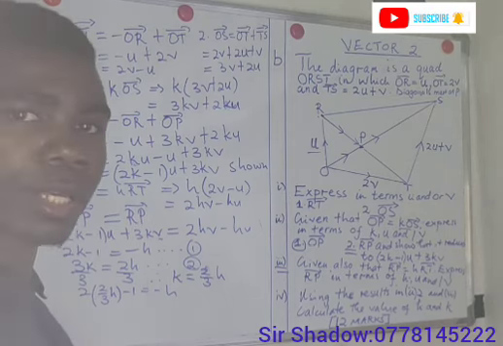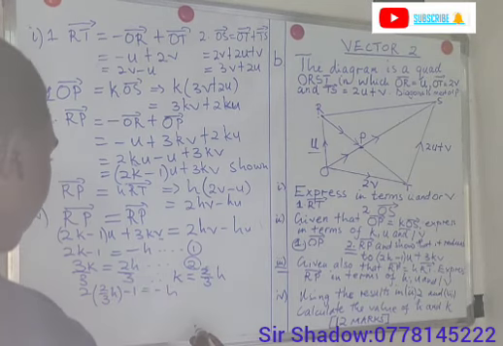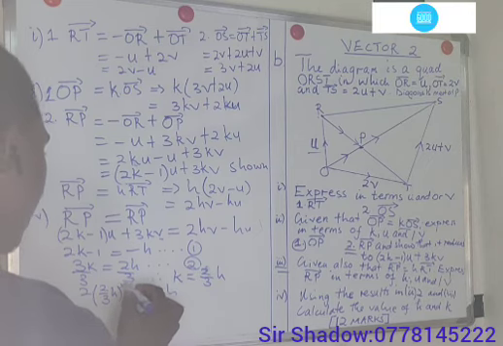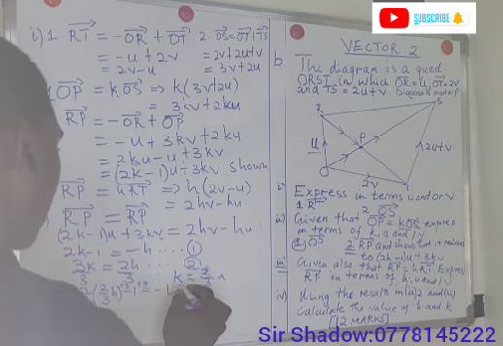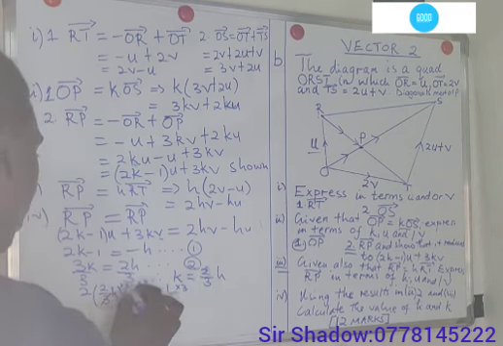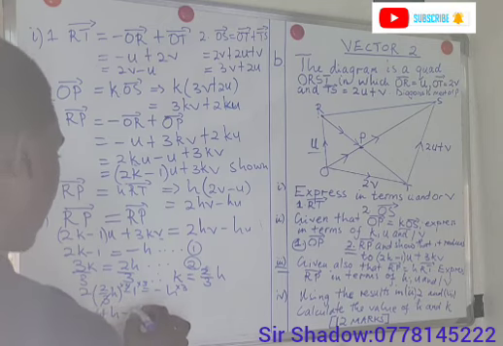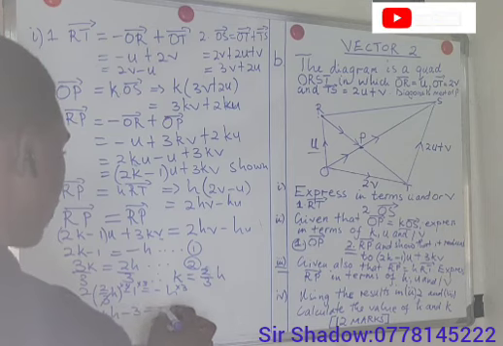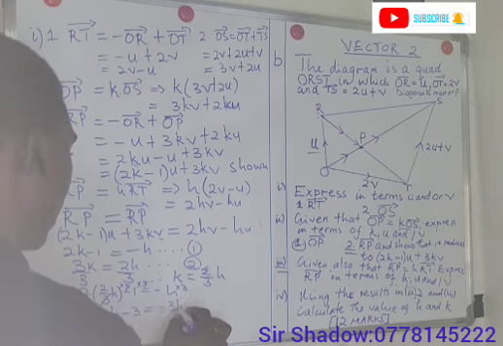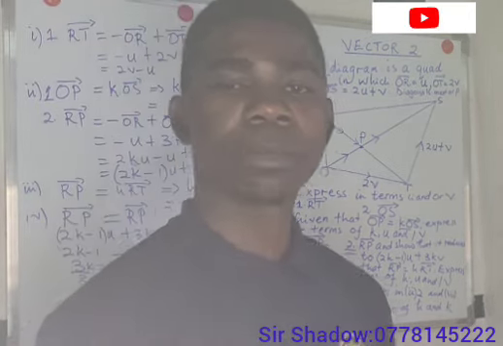We want to destroy the denominator, so we have to multiply by 3 here, here and here. So 4h minus 3 is equal to negative 3h. Now let's simplify the like terms.